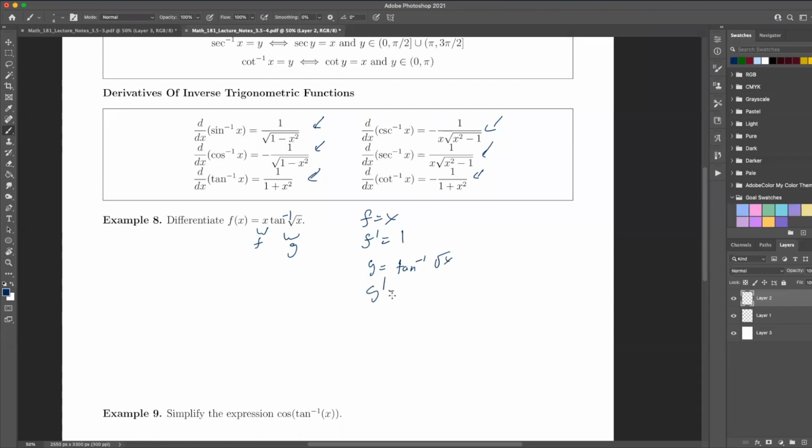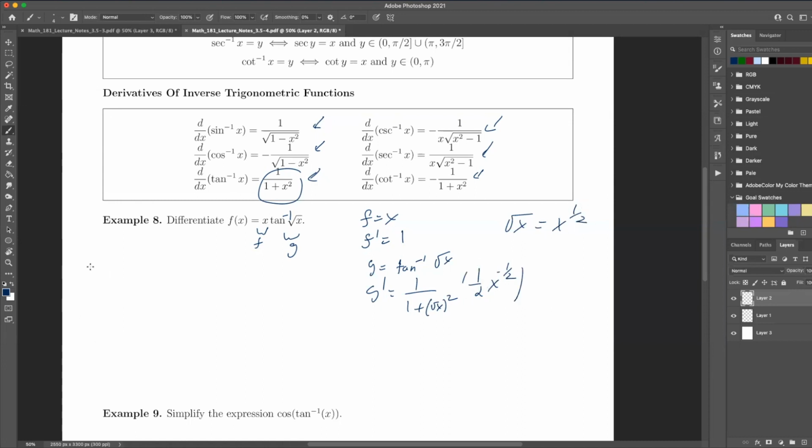So g prime is equal to, well, here's the inverse tangent, so we'll have 1 over 1 plus square root x squared. And then the derivative of this, of course, is 1/2 x to the minus 1/2 power. The derivative of square root of x is the same thing as, remember, square root of x is equal to x to the half. So I pull down the half minus 1, so I get this.